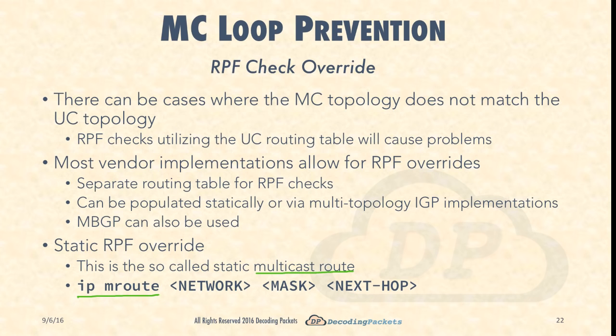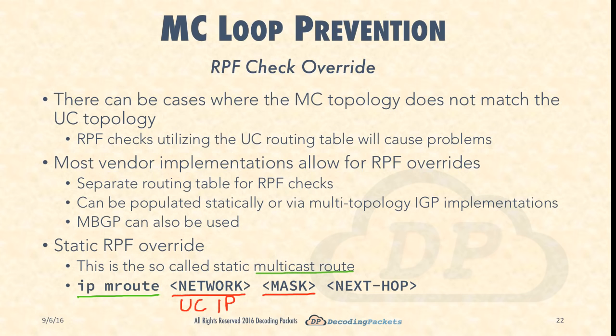That point is proven by what goes in this network and the mask. The network and the mask here are not multicast addresses, because that would really not make sense. This is not a multicast route. These are actually unicast IPs.